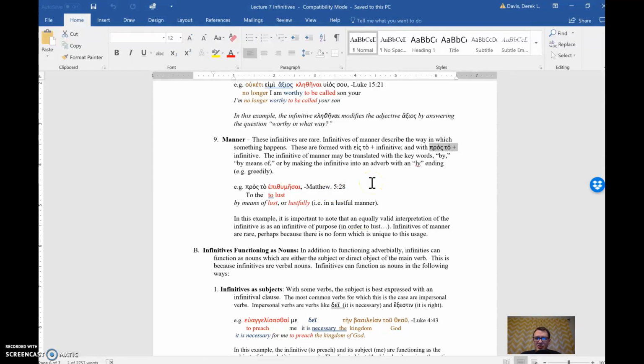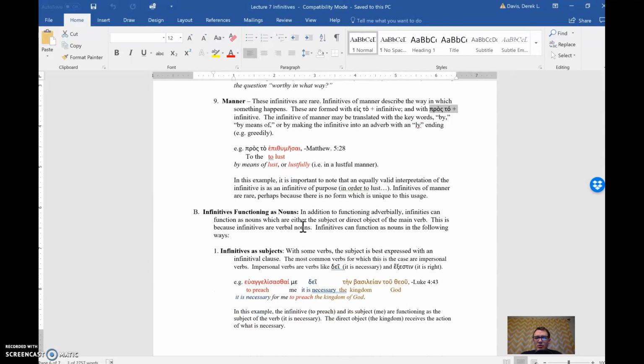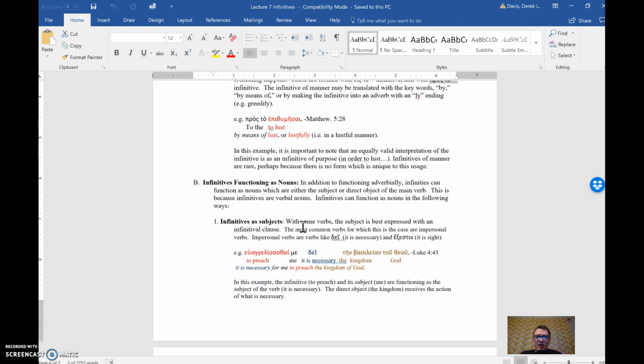So what you'll need to do is translate the verbal idea to lust and then change it into an adverb, lustfully. So do not do something lustfully. All right. Or do not run quickly. Literally in English, it would be do not run too quick. You would have to change the too quick into quickly in order to make it an infinitive of manner. All right, so those are all the different adverbial infinitives.